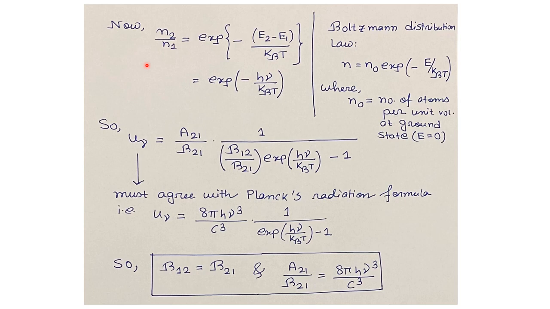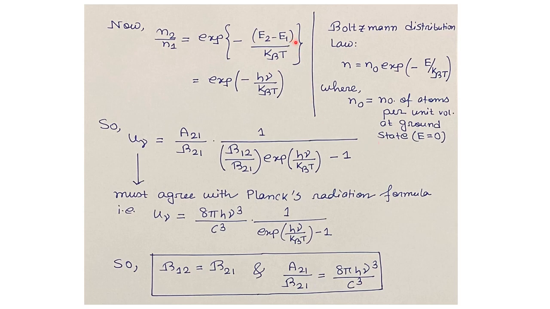Now we can write N2 divided by N1 equals exponential of minus (E2 minus E1) divided by kBT. This relation comes from the Boltzmann distribution law, given by N equals N0 times exponential of minus E by kBT, where N is the number of excited atoms at energy level E, and N0 is the number of atoms per unit volume at the ground state energy level E equals 0.